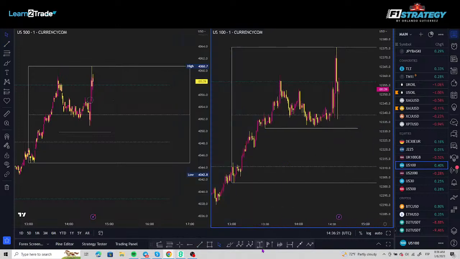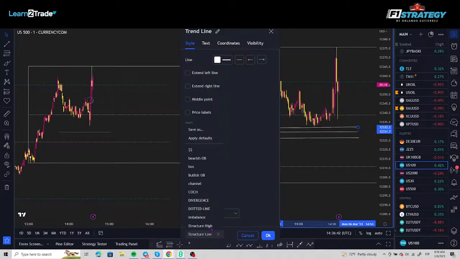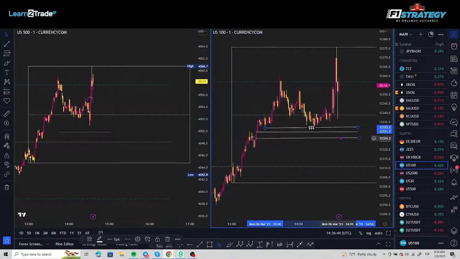Good. I see a beautiful bullish order block here. Good. And I see an imbalance here. Good. Right. There you go. So this is liquidity. Weak players.